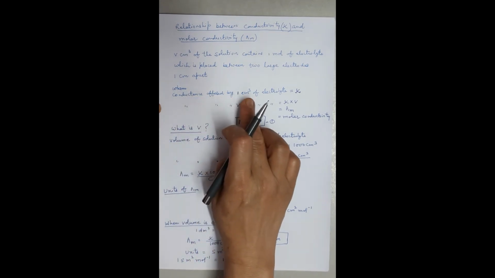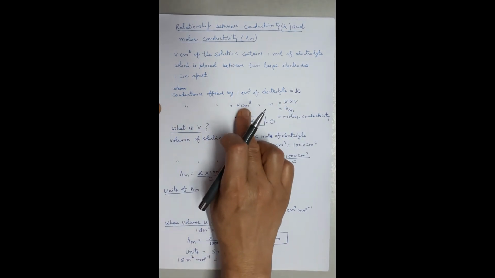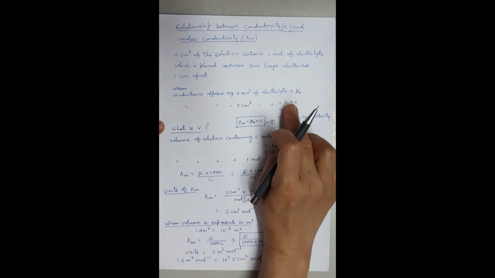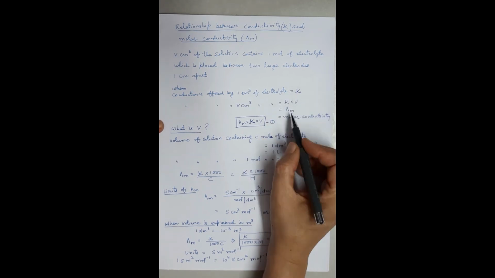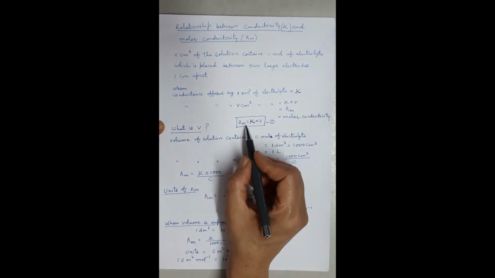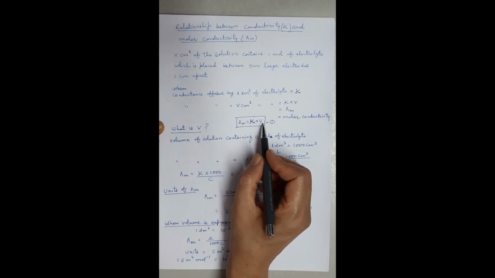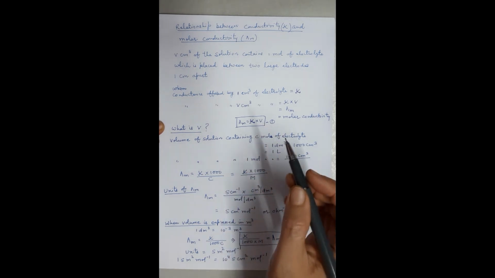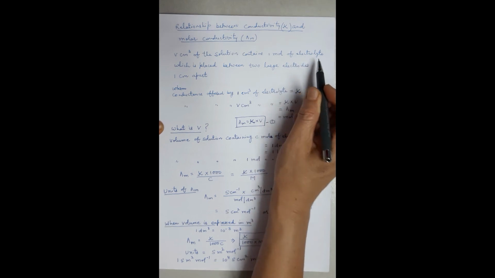So conductance offered by 1 centimeter cube of electrolyte is kappa, whereas conductance offered by V centimeter cube is kappa into V, conductivity into volume, and this term is given a new name, which is called lambda m, molar conductivity. So what is molar conductivity? It is the product of kappa, which is conductivity, into volume of solution, which is placed between two electrodes and which contains 1 mole of electrolyte.